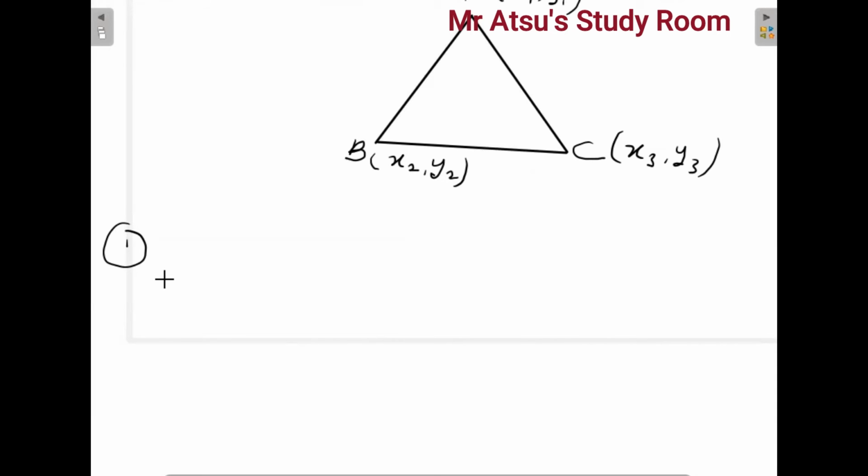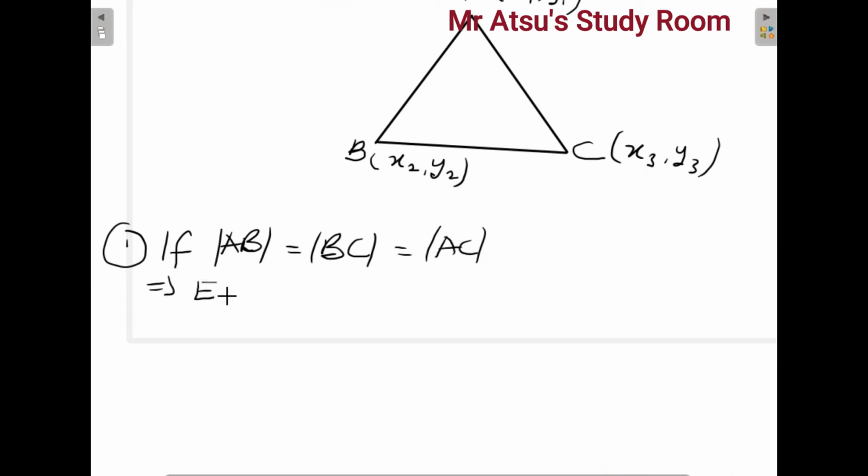And this will be the conclusions that will come if all sides are equal, meaning that if the length or magnitude AB equals magnitude BC equals magnitude AC, or in other words, if all three sides are equal, then we can conclude that our triangle is an equilateral triangle, because equilateral triangle has all three sides equal.